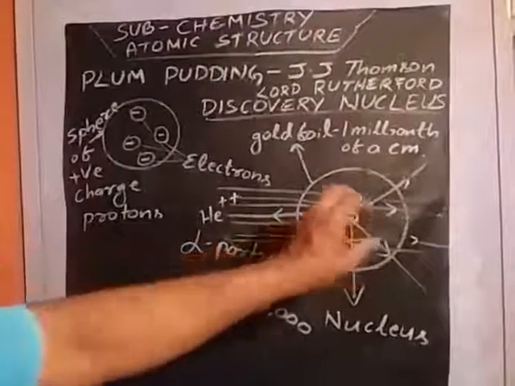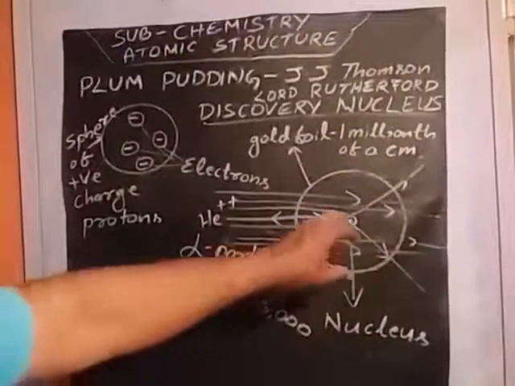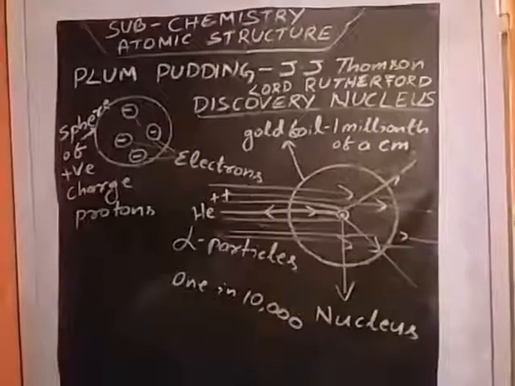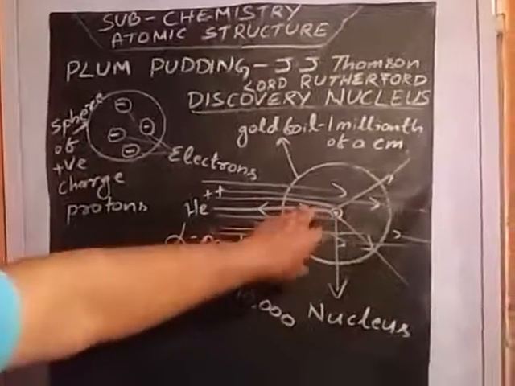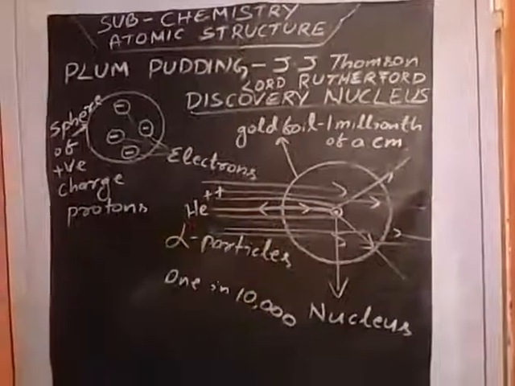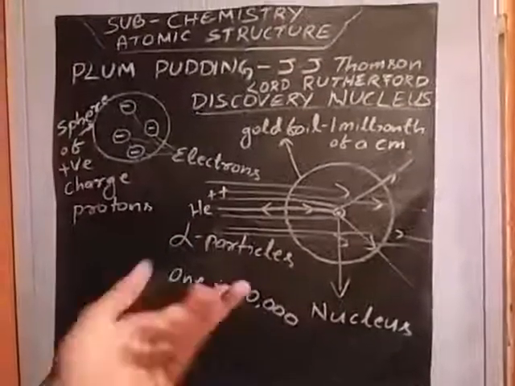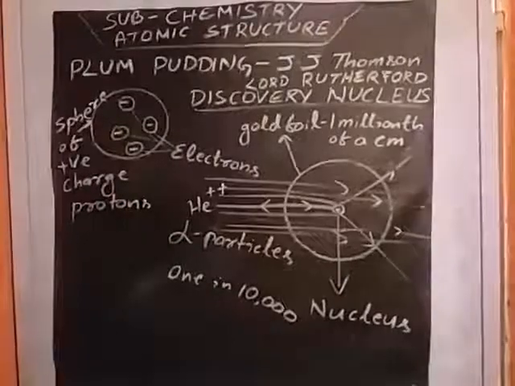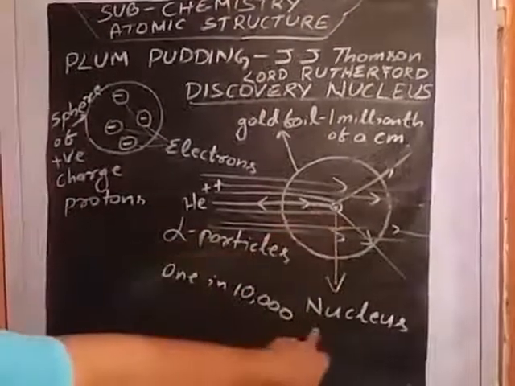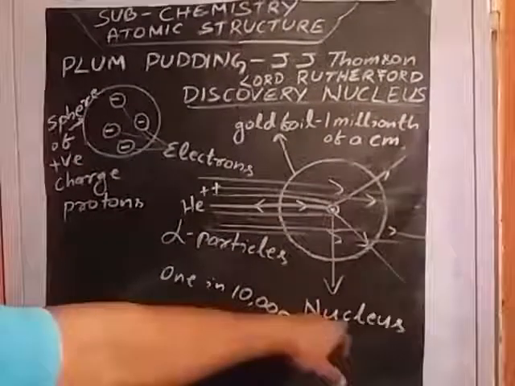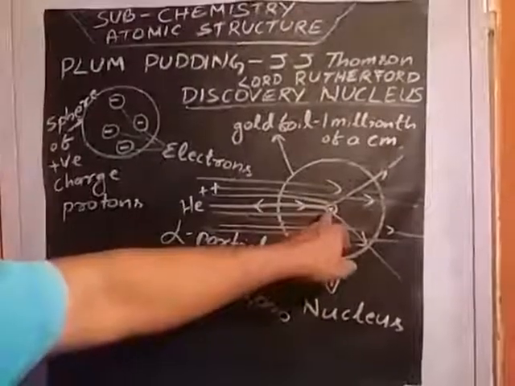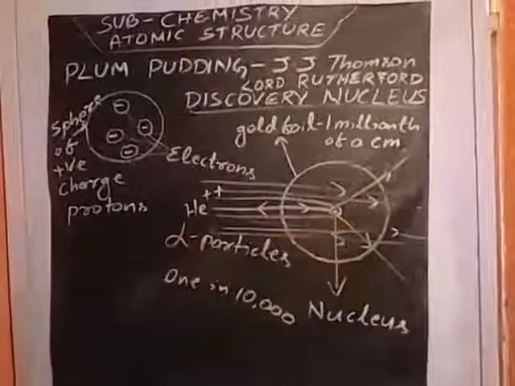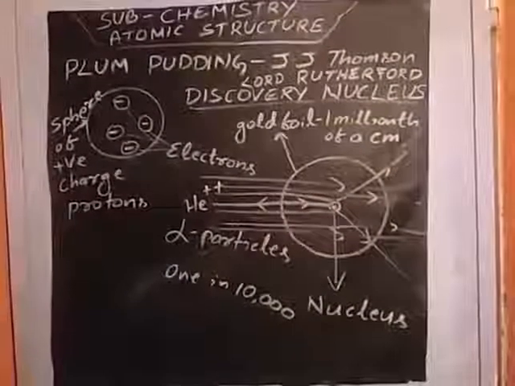So in the central part, a very few, 1 in 10,000, hit the denser, very concentrated part and rebound back from the positive charge. That is known as the nucleus. Before electrons and protons were discovered, the nucleus was thought to have no charge, but it is present in the central part of the atom, which is denser.